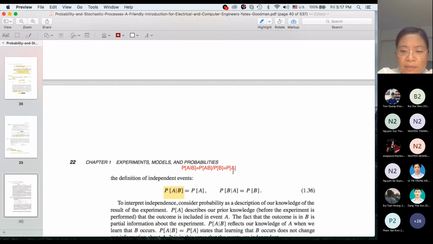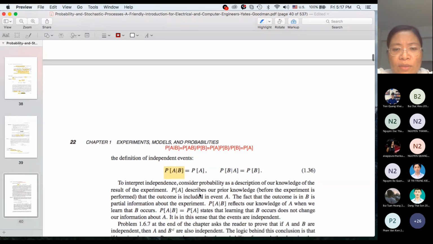So it equals probability of A times probability of B over probability of B, which equals probability of A. You see that? The probability of A given B equals probability of A. Similarly, probability of B given A equals probability of B. Whether B occurs or not, it doesn't change the probability of A. So A and B can be called independent.